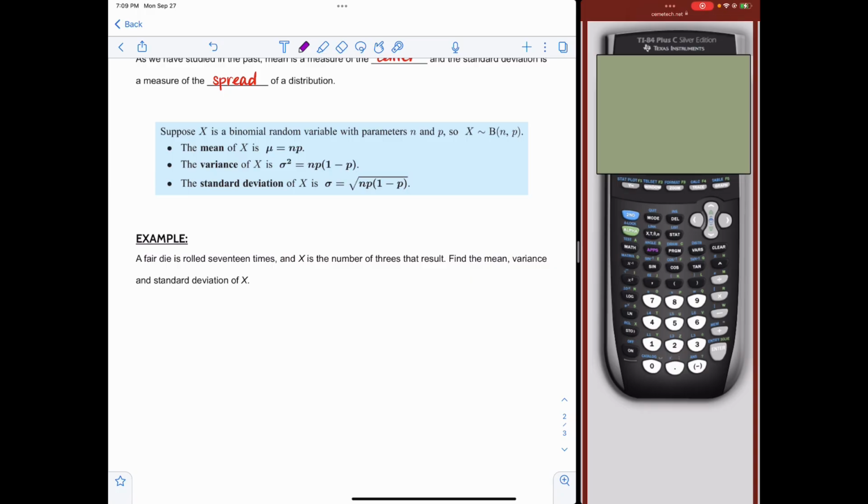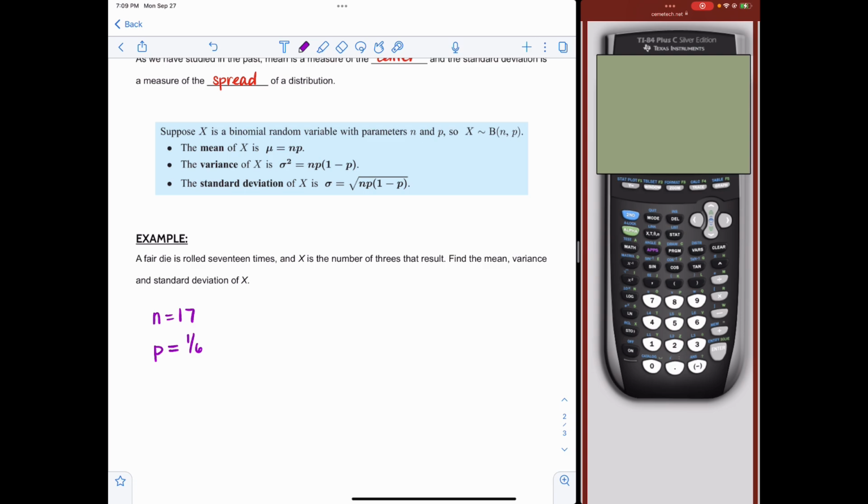A fair die is rolled 17 times, so N is equal to 17. We want the number of times that we get a 3. The probability of success, landing on a 3, is 1 out of 6, because a die has 6 sides and you have an equal possibility of landing on each side.